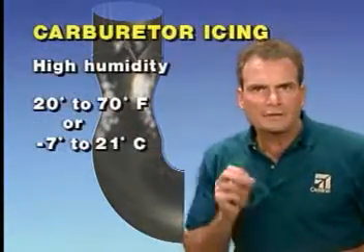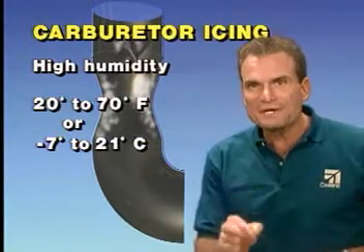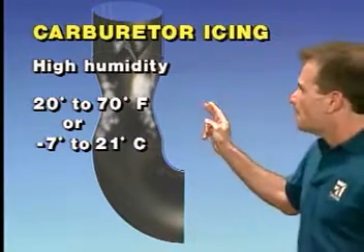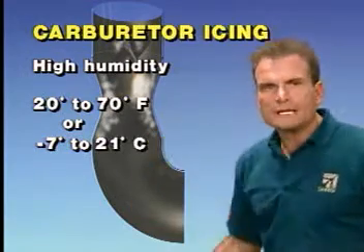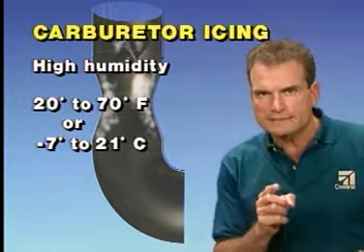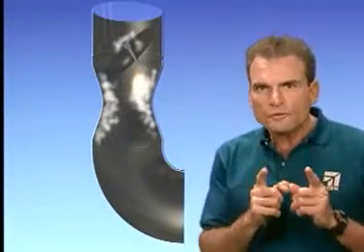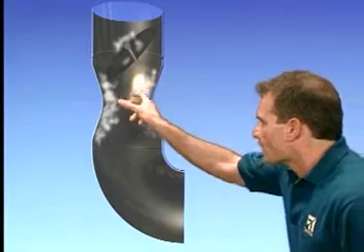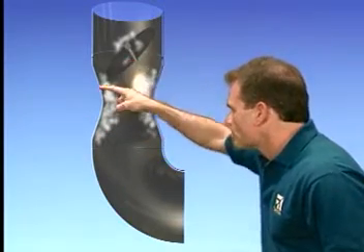Now, high humidity and temperatures between 20 degrees and 70 degrees Fahrenheit or -7 to 21 degrees Celsius are favorable conditions for carburetor icing. If carburetor ice is going to form, where it's going to form is basically right at the venturi throat here and on this throttle valve.